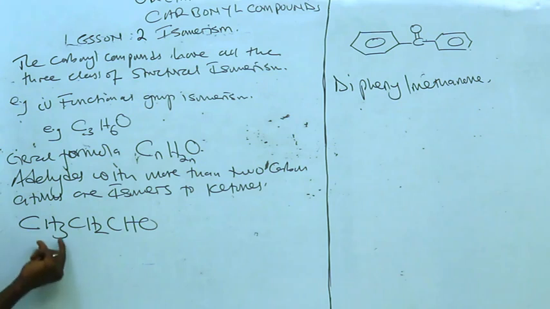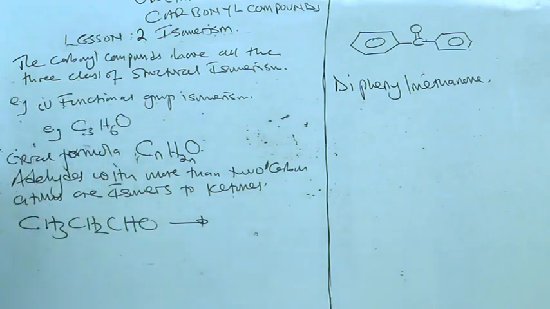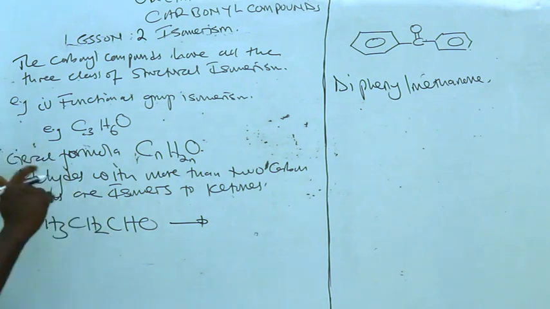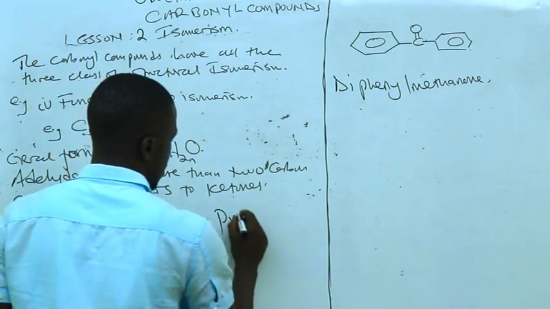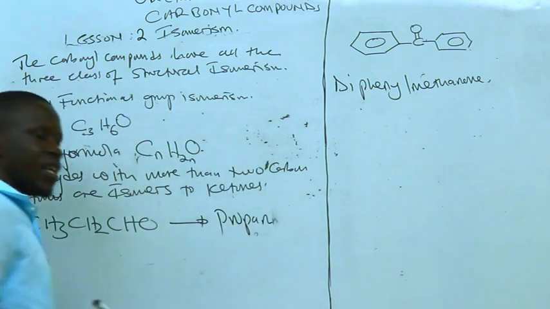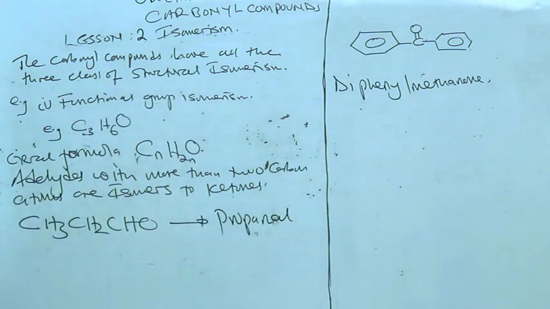How many hydrogen atoms? 3 plus 2, that's 5, and then 1, that is 6. So this is the first isomer we are writing, and the name of this isomer, since it is an aldehyde with 3 carbon atoms, will end with the letters al in the name. Instead of writing propane, we shall remove the letter e of that alkane and add the letters al, such that we get the name propanal.